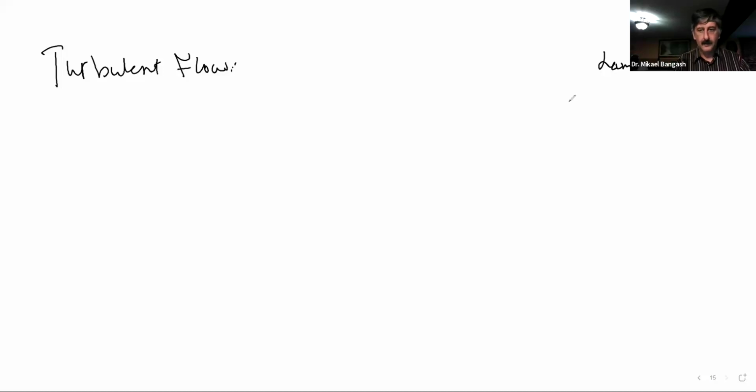We said that in laminar flow, it's pretty smooth. Why do we have laminar flow? Mainly because there were no blockages, no obstructions, no wild turns that we had to make, etc. That's going to be different when we talk turbulent flow.